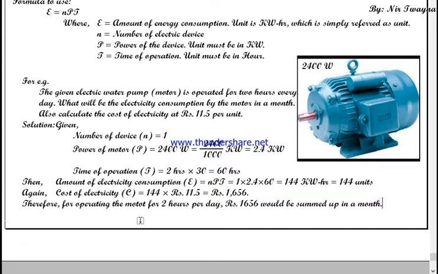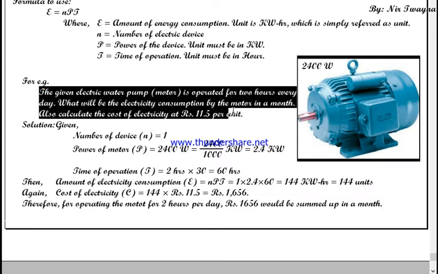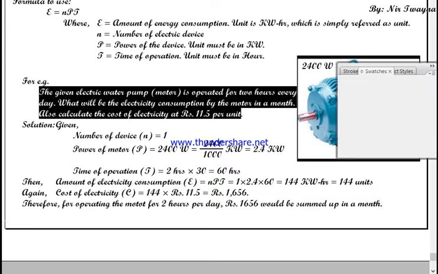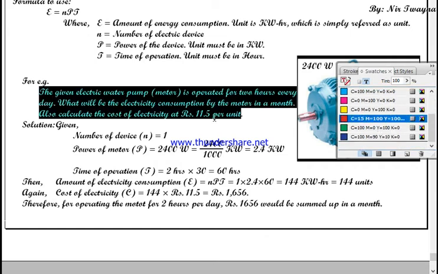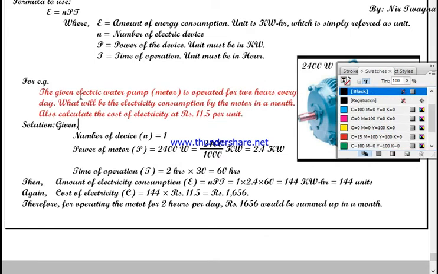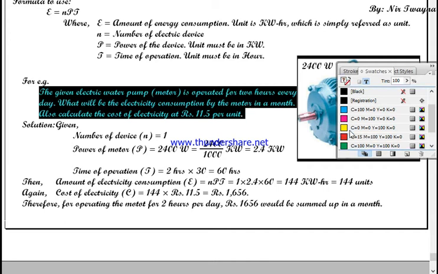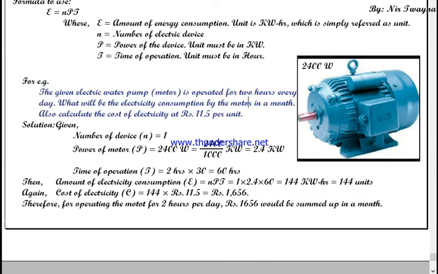Okay, now in this example we considered only one device, isn't it? But in our household we have several devices. So is there any shortcut to find out total electricity consumption for all these devices?